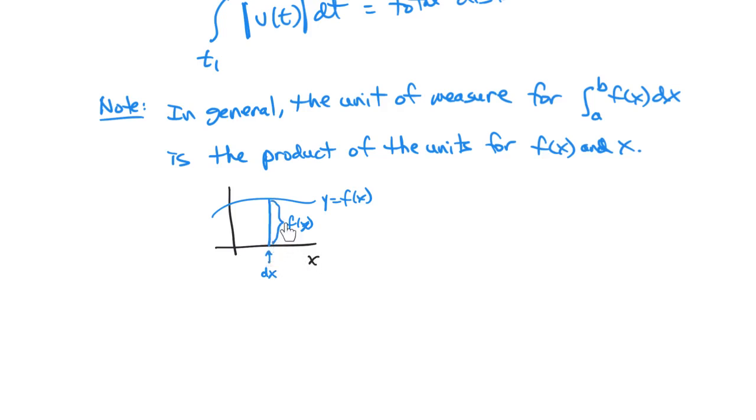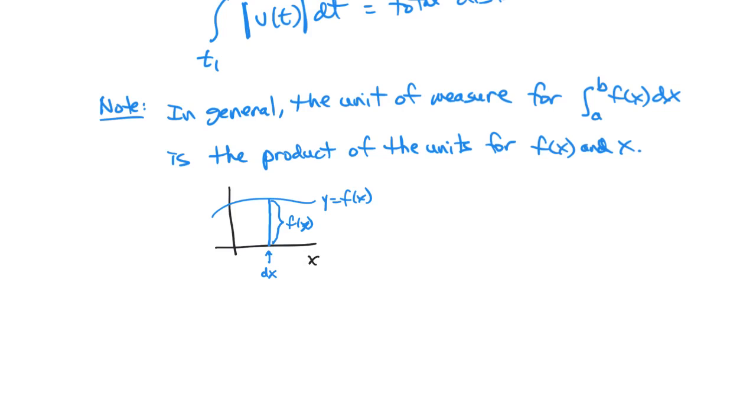The height dimension is going to be whatever the unit of this function is. So when you integrate f of x dx and you get your number, to get the units correct, just think it's the unit of the function times the unit of the independent variable. Okay, so that will sometimes help when things are a little tricky.